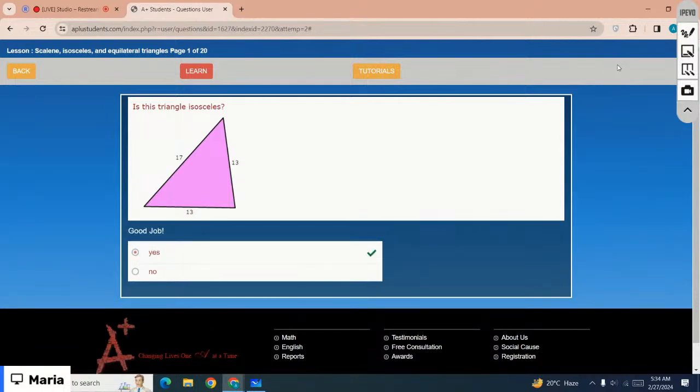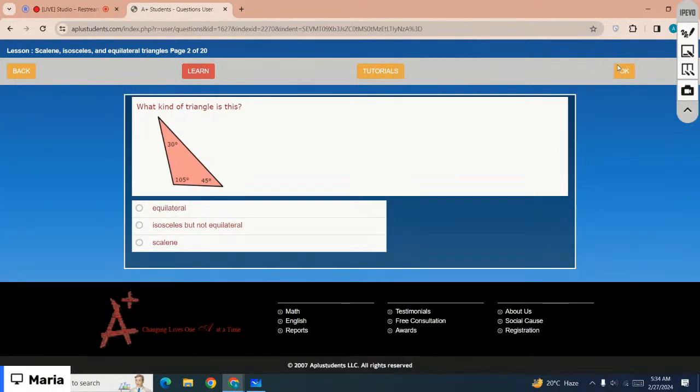The next one is what kind of triangle it is. You have all three angles different, right? You can classify on the basis of angle also, right? Because all three angles are different, that means that is the scalene triangle, right?